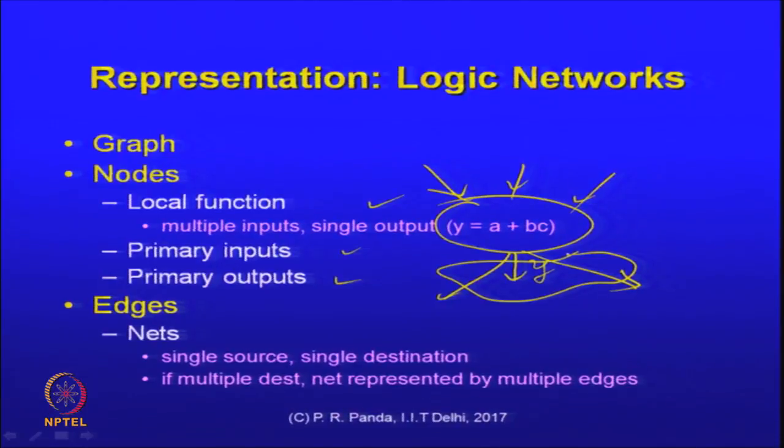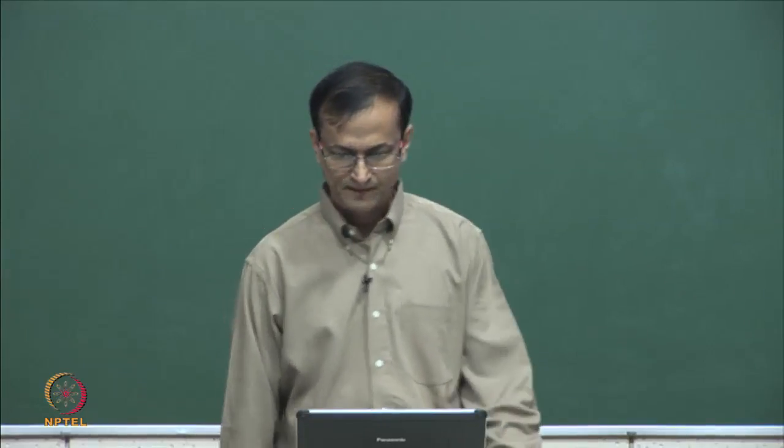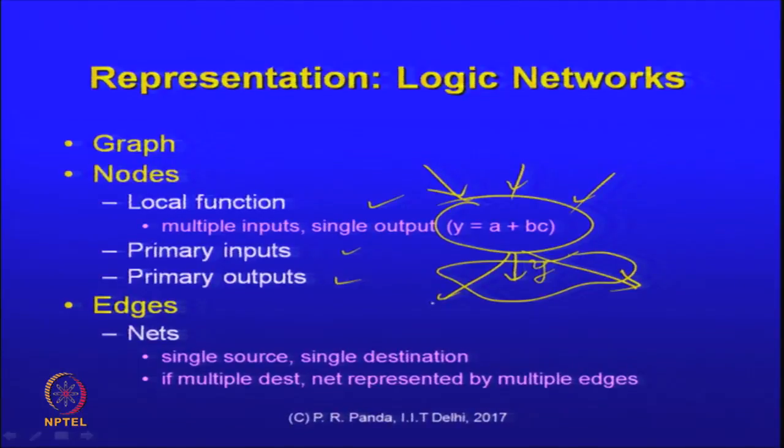There too this assumption is made, but that assumption may interfere in some ways with the quality of the result. But here it is an easier assumption, we just say that if the same wire is connecting one source and multiple destinations, then there are different edges from that node to all the other nodes.